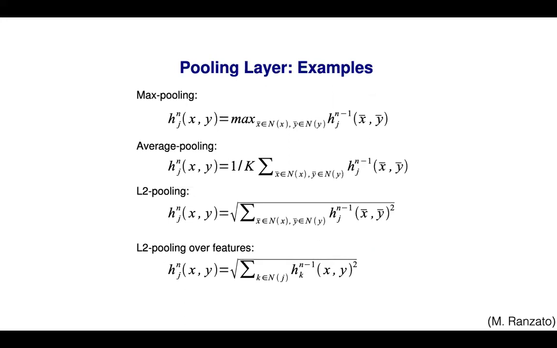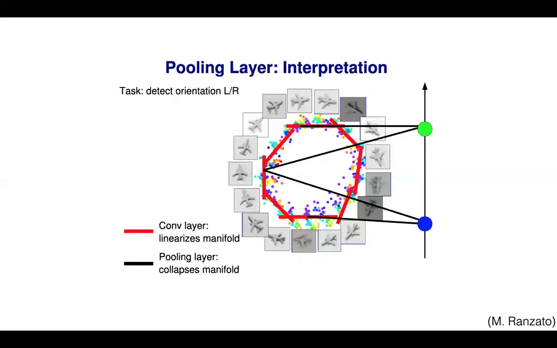And then there are other ways to do this pooling. You have max pooling, average pooling, L2 pooling over features. But there are basically ways to change the scale, change the resolution, while preserving the important information about features. And we can interpret the pooling operation in the following way.